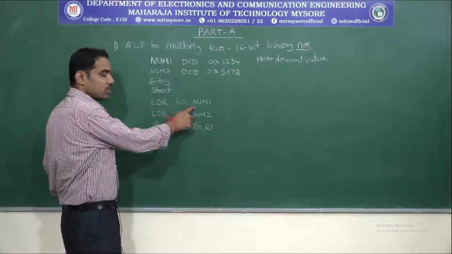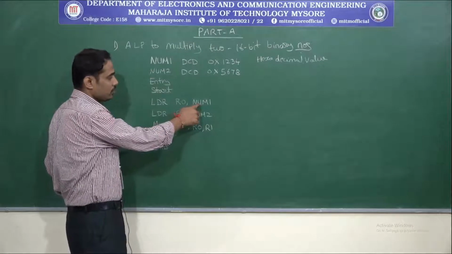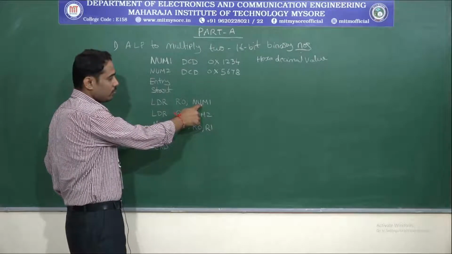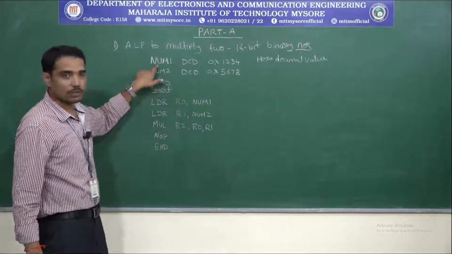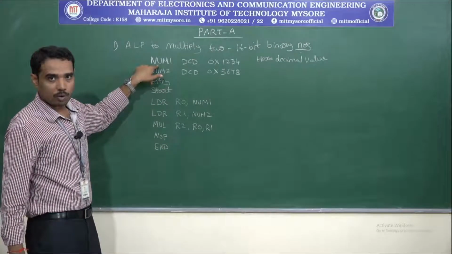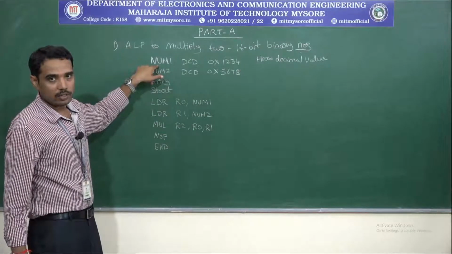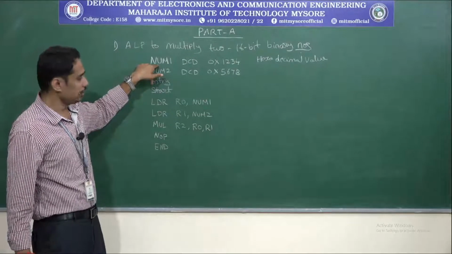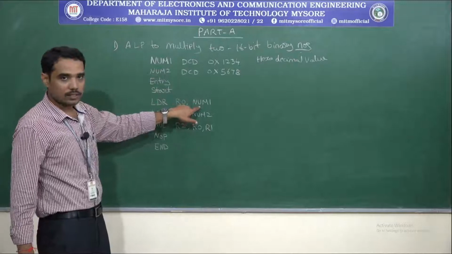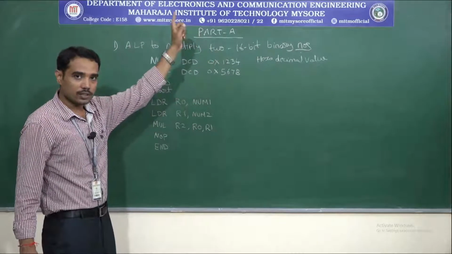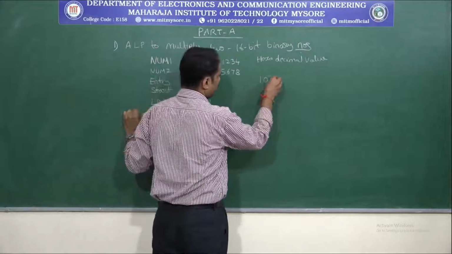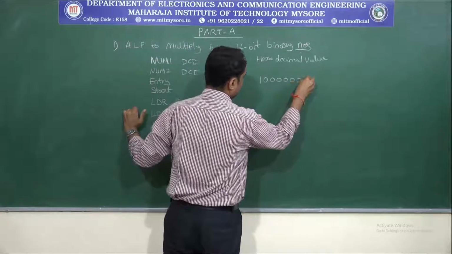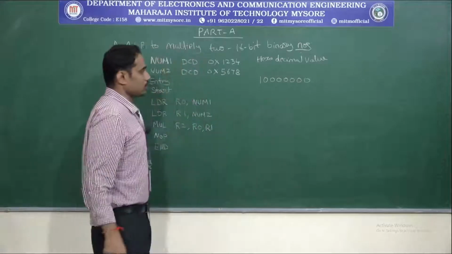We are loading the data from memory to register. Num1 is associated with a memory location. The variable num1 is associated with a memory location, and we are fetching that data 1234 which is residing in the memory location. For example, let us say 1 followed by 7 zeros.